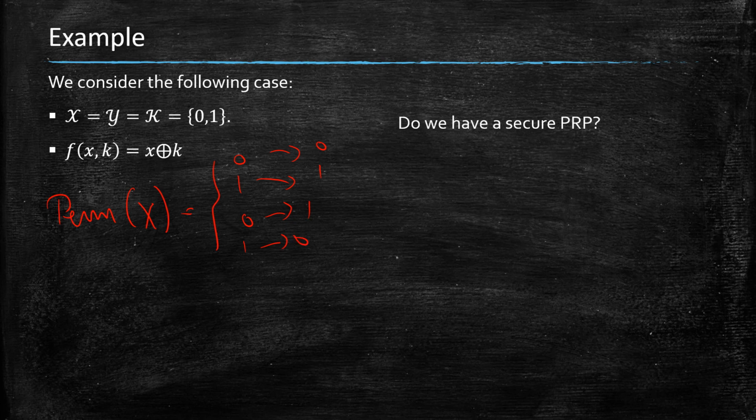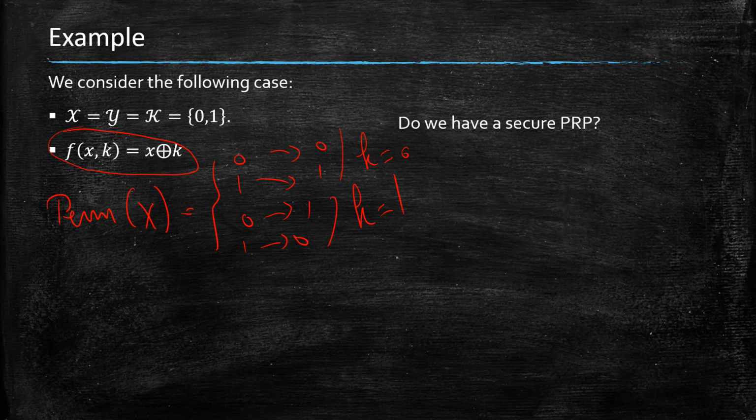Okay, and it turns out a choice of k is exactly a choice of one of those two permutations, basically. That corresponds essentially to k equals 0, and this is k equals 1. So the previously defined adversary does not have any significant advantage.